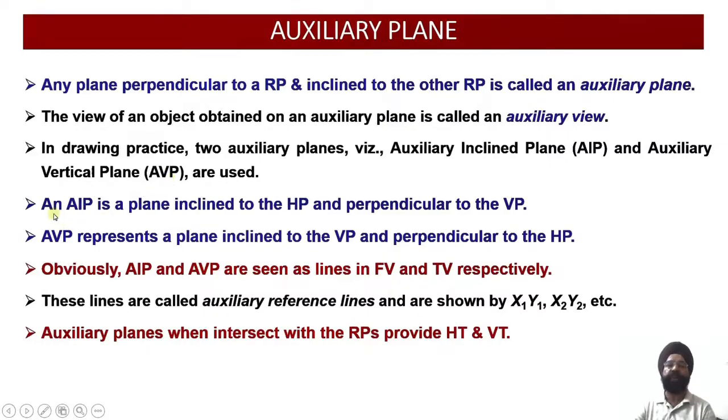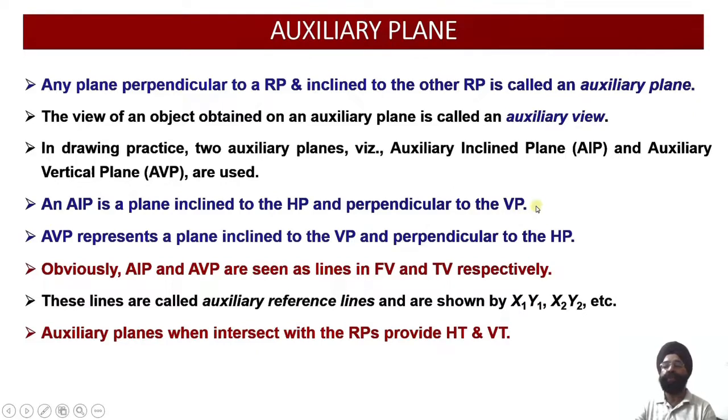So let us first of all define the auxiliary inclined plane. An auxiliary inclined plane is again an imaginary plane which is drawn with respect to the horizontal plane. This AIP will always be inclined to the horizontal plane and will be perpendicular to the vertical plane.